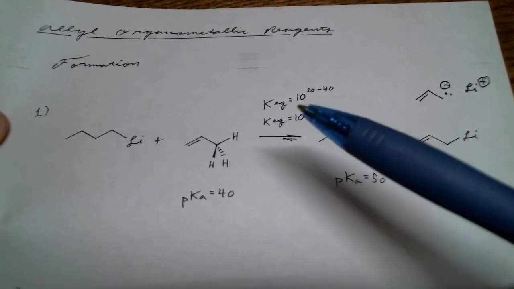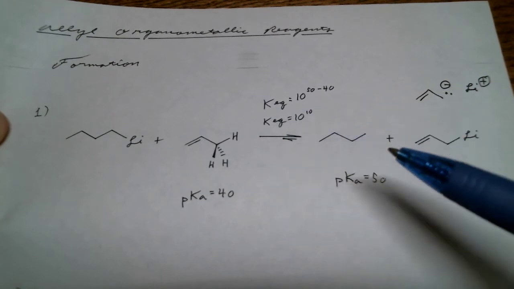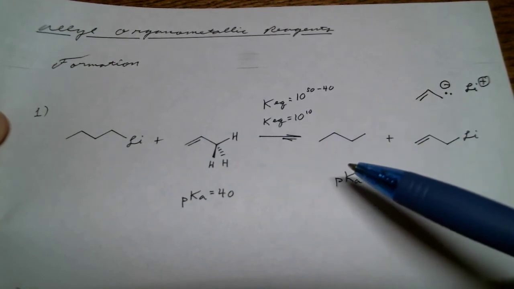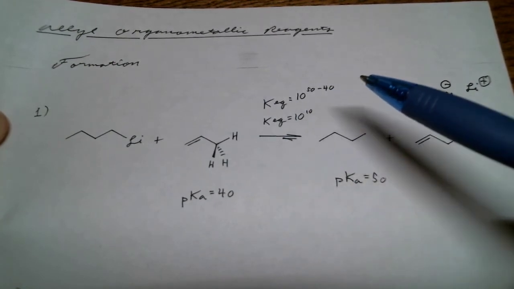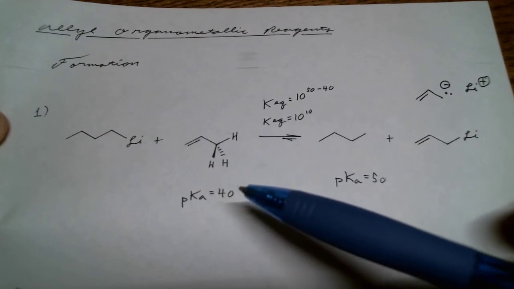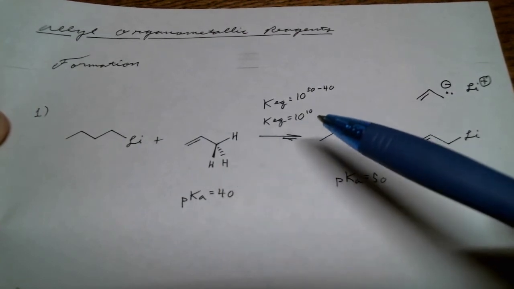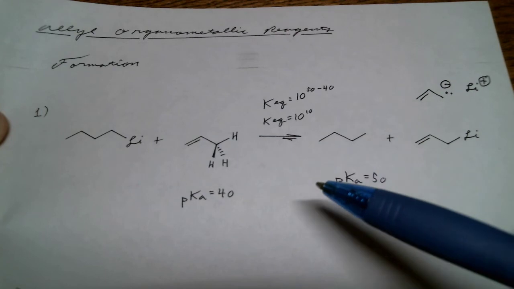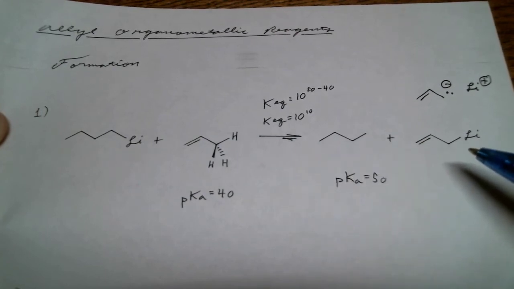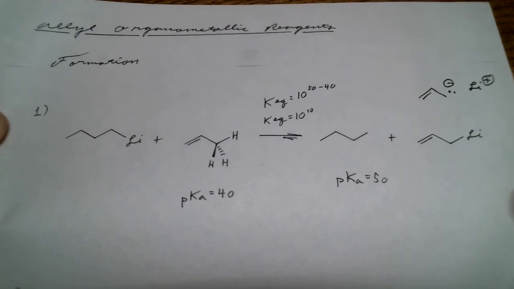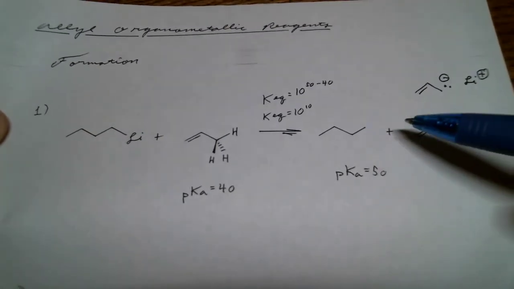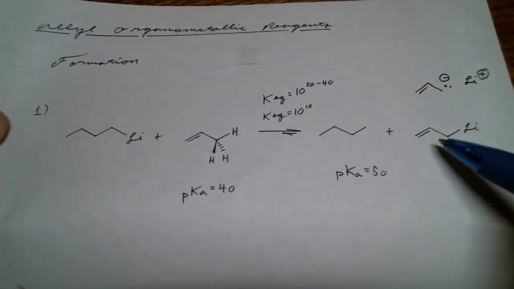So the equilibrium constant for this reaction is 10 to the conjugate acid pKa minus the pKa of the acid, which ends up being 10 to the 10th. This is much greater than 1, so we definitely favor the right side, and here we're forming an allyl lithium and butane.